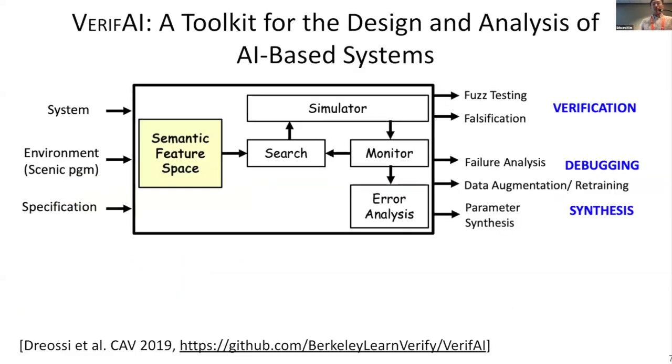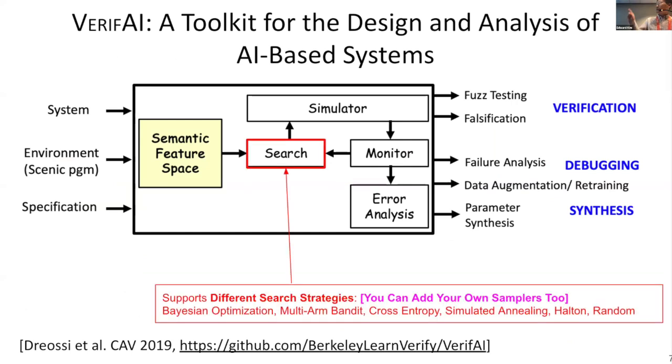And as Sanjay briefly covered, Verify is a supporting toolkit that we developed around SCENIC. Verify takes in the model of the system, the model of the environment, which is in the form of a SCENIC program, and your specification over these machine learning models. Given that, from the SCENIC program, it extracts what is the distribution space that is modeled in the SCENIC program.